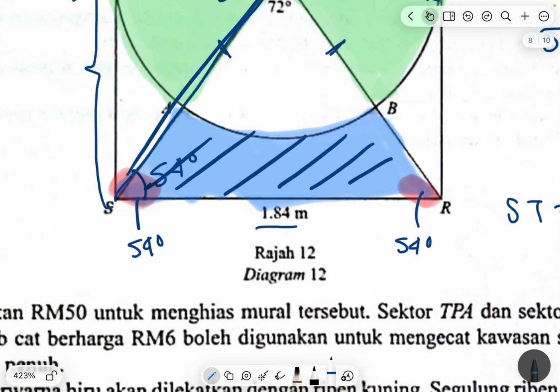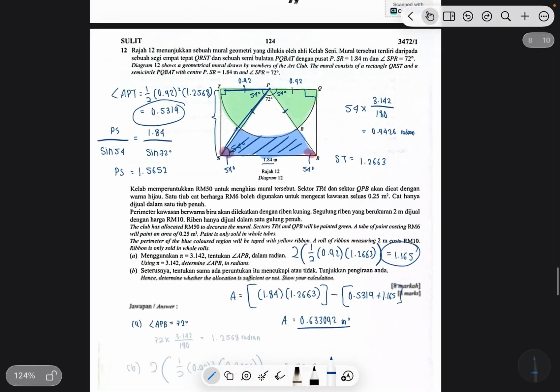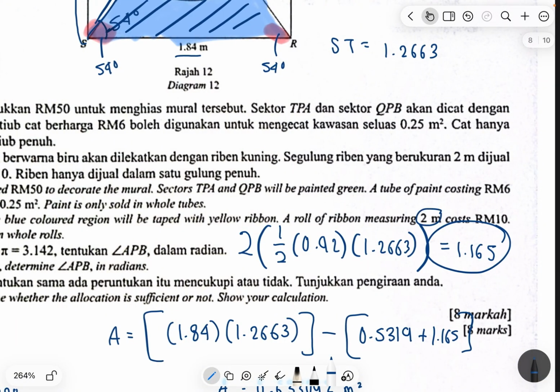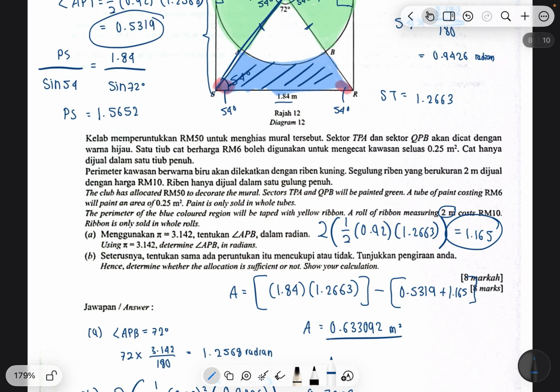I think this one I don't need to find the area, I need to find the perimeter, but this is in meters. If I convert to meter squared, 2 times 100 squared, 2000, divided by 0.633092. No, that's not right.